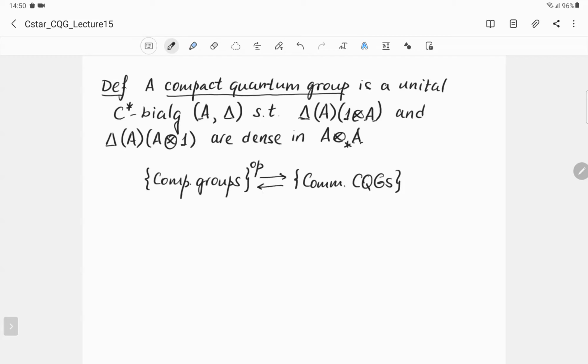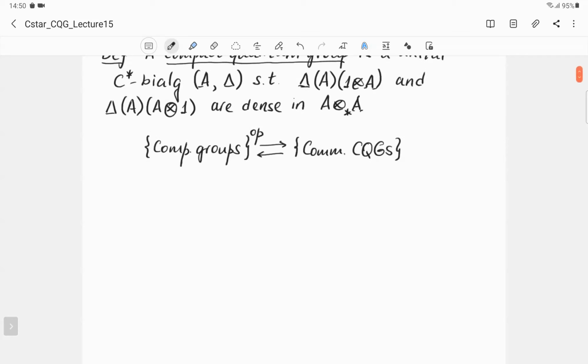Okay, so we have the first class of examples of compact quantum groups, namely the algebras of continuous functions on compact groups. So today we discuss much more interesting examples, which are not commutative in general. More exactly, we'll discuss compact matrix quantum groups.